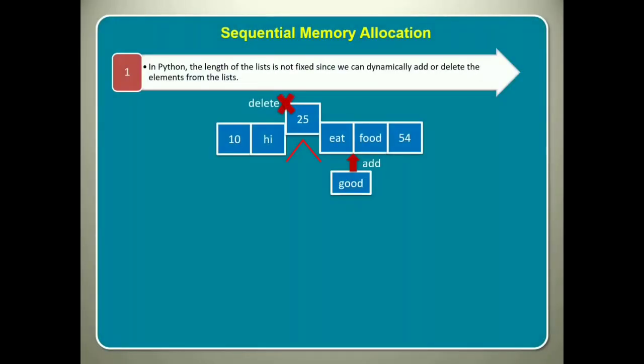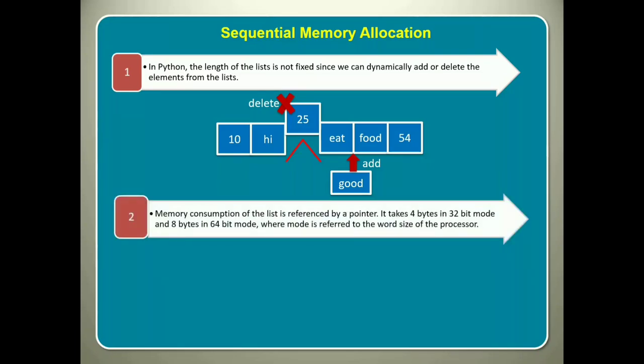In Python, the length of the lists is not fixed, since you can dynamically add or delete the elements from the lists. Moreover, memory consumption of the list is referenced by a pointer. It takes 4 bytes in 32-bit mode and 8 bytes in 64-bit mode, where mode refers to the word size of the processor.